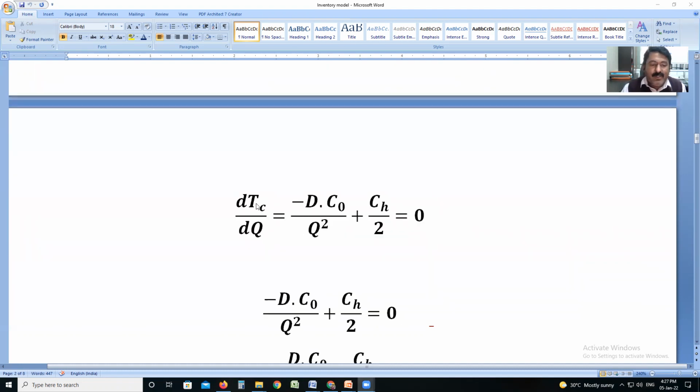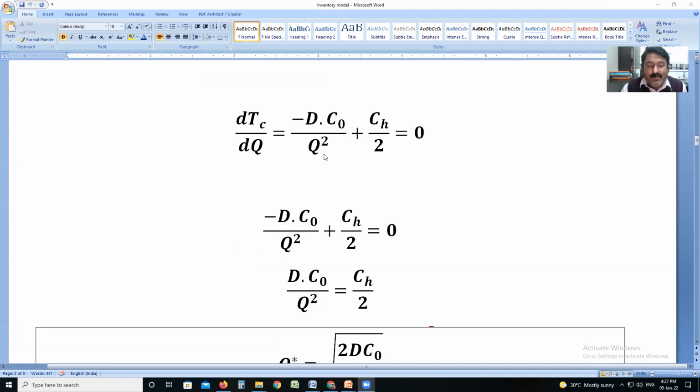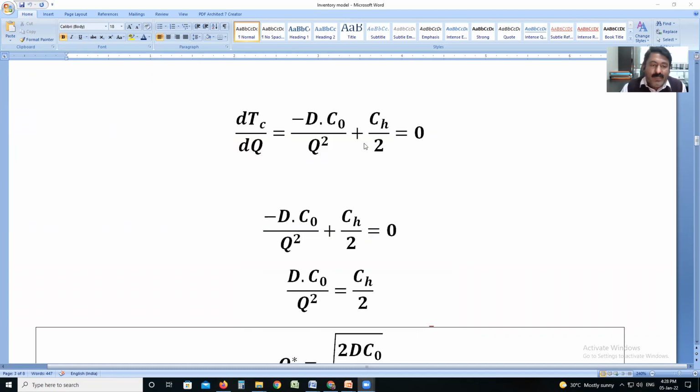Now let us proceed further. So d by dQ TC becomes minus D CO as it is, Q becomes Q square, derivative of 1 upon Q is minus 1 upon Q square, plus CH by 2, since Q will not be there, it becomes 1. Very simple. But this d by dQ of TC is 0.